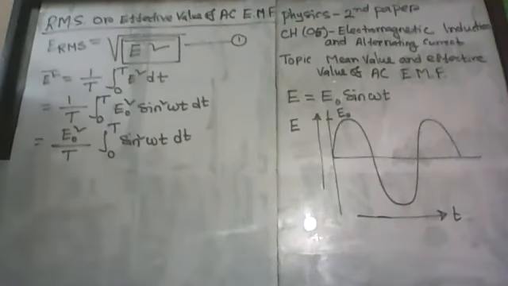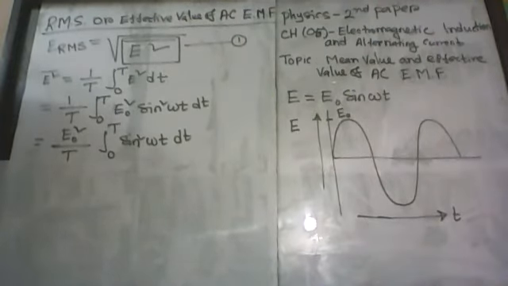You know that, boys and girls, this is a very complex function to solve this integration. To solve it, at first I'm going to convert this sin square omega t into cos 2 omega t.